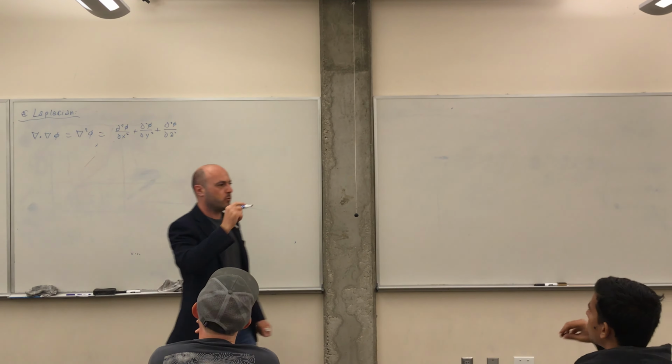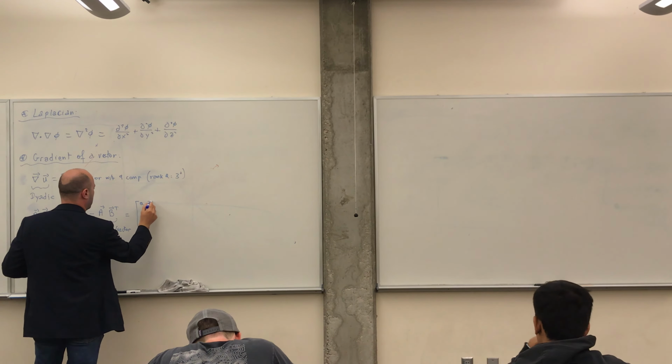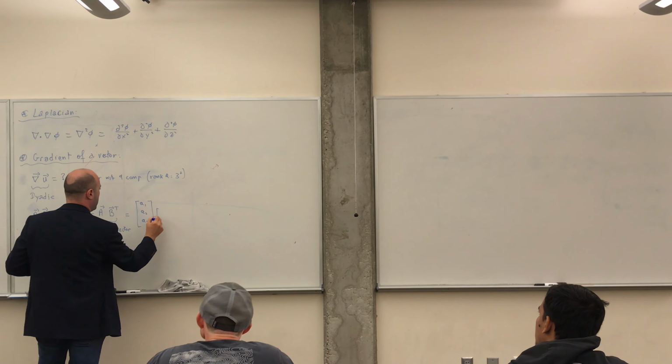This is where you use matrix-vector multiplication nomenclature. If A is a column vector, it has A1, A2, A3, and then you put B as a row, B1, B2, B3. You all know how to do matrix-matrix multiplications, right?